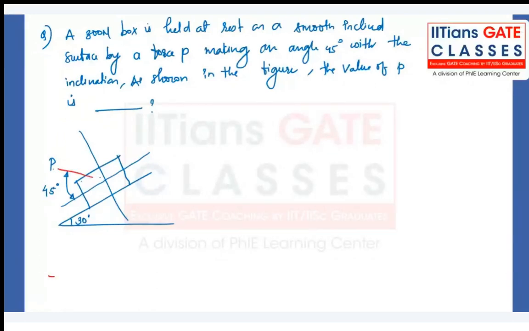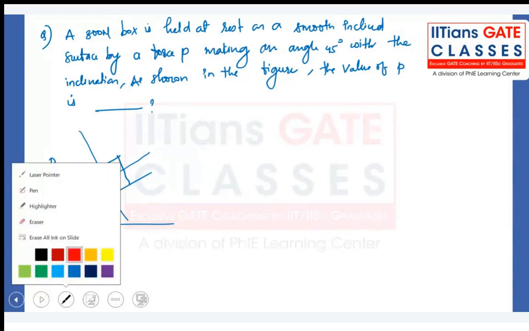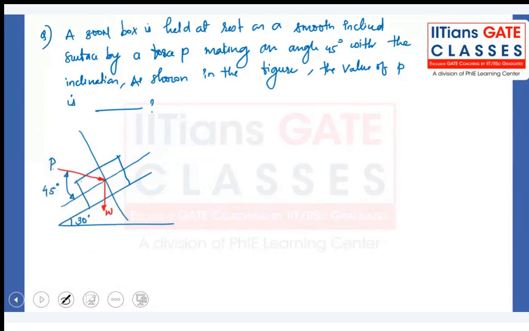The main forces are P and the weight of the block. So if you solve this, yes, 212.13 is the correct answer.